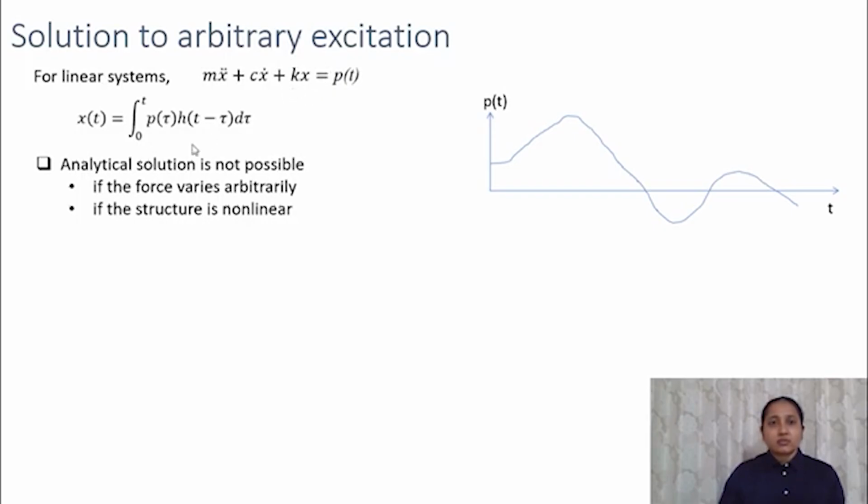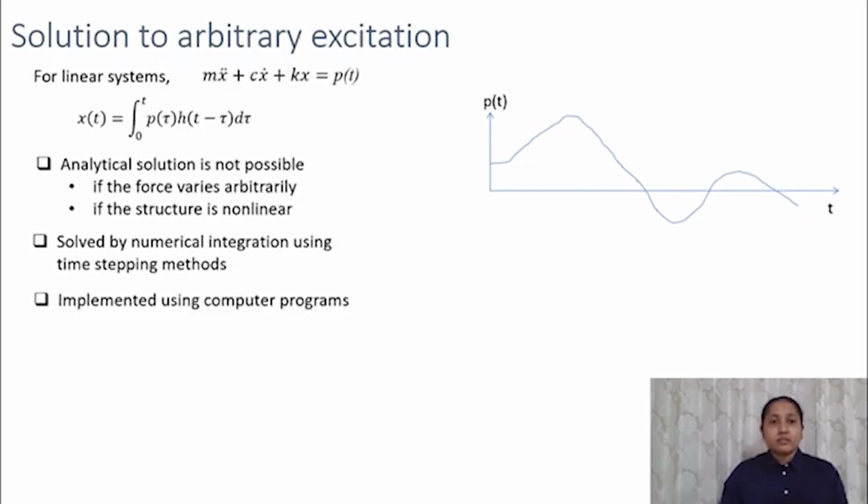So in that case also, solving this integral analytically will be impossible. So we have to solve this integral numerically. So the solution for a single degree of freedom system under an arbitrary excitation can be found out using time stepping methods. These methods can be implemented using computer programs.